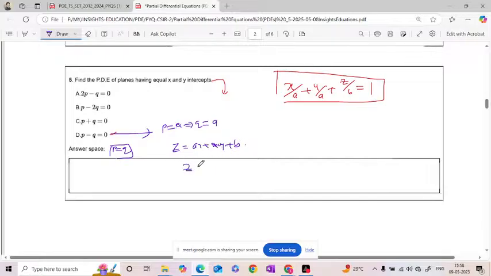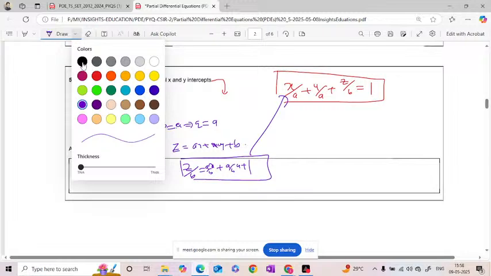After writing, z by b is equal to x by a plus y by a plus 1. So this is the equation. Just eliminate a and b values, we will get the result.